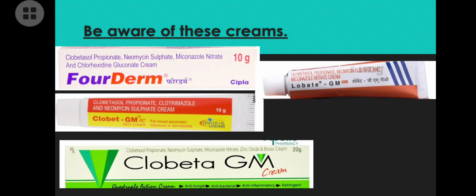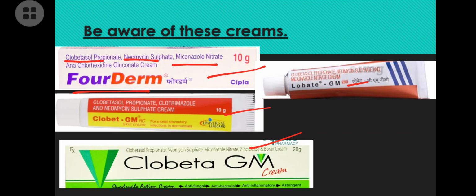Be aware of these creams. I have told you some steroid-based creams are used today in our day-to-day life, but never ever use this type of cream. It may cause severe complications to the fungal infection, like Forderm. It contains clobetasol, which I told you is steroid-based. Miconazole is the antifungal drug. Neomycin sulfate is an antibacterial agent.